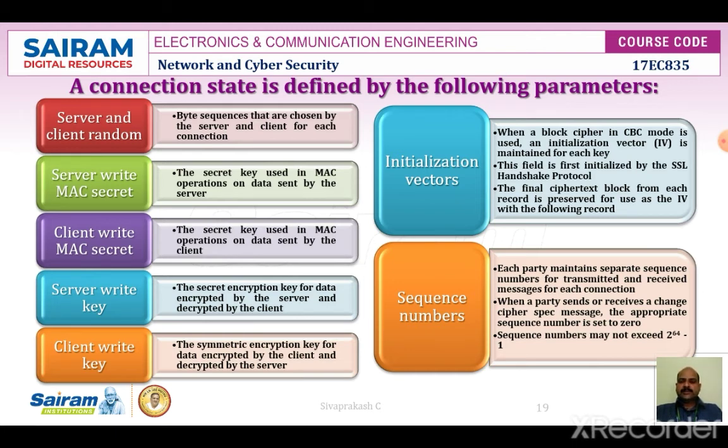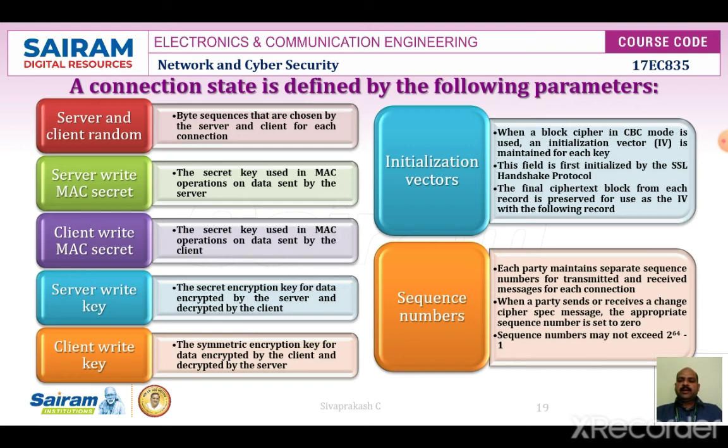Third one, client write MAC secret, which is a secret key used in MAC operations on data sent by the client. Fourth one, server write key. The server write key is a secret encryption key for data encrypted by the server and decrypted by the client.